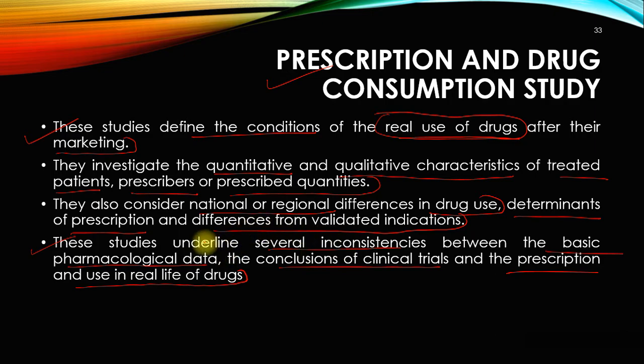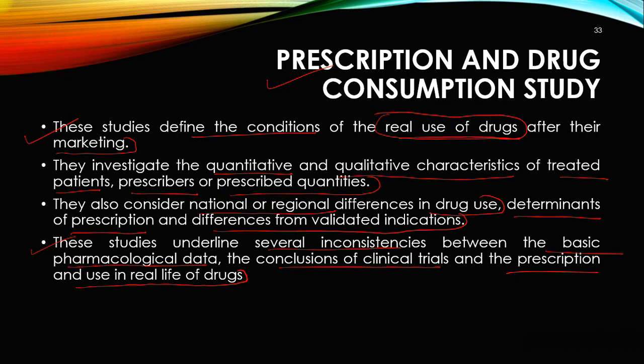Okay, so it basically is useful in order to point out the inconsistencies between the data which we obtain in the control conditions and the data in the real life condition. In control conditions, the data which we obtain is a very regulated type of data, as we regulate each and every characteristic or each and every parameter in the clinical trials.